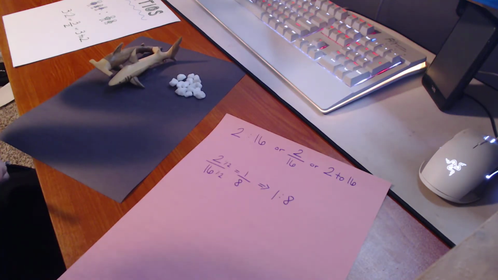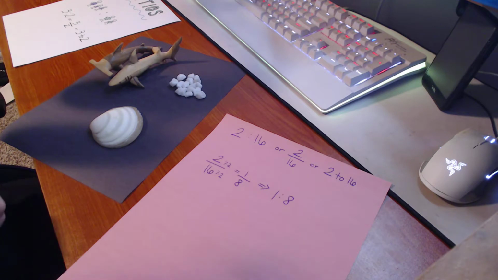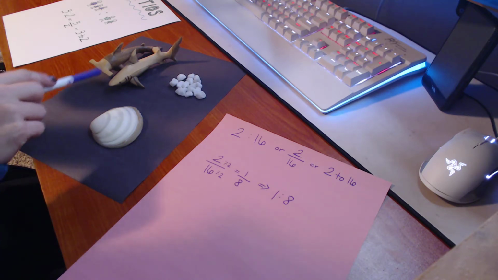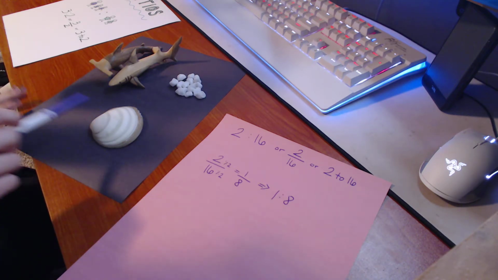So if I wanted to add in my handy dandy seashell, and I ask this question, well, what is my ratio of sharks to the total of sharks, rocks, and seashells? So you go through and you count 16 rocks, 2 sharks, so that's 18, plus 1 seashell.